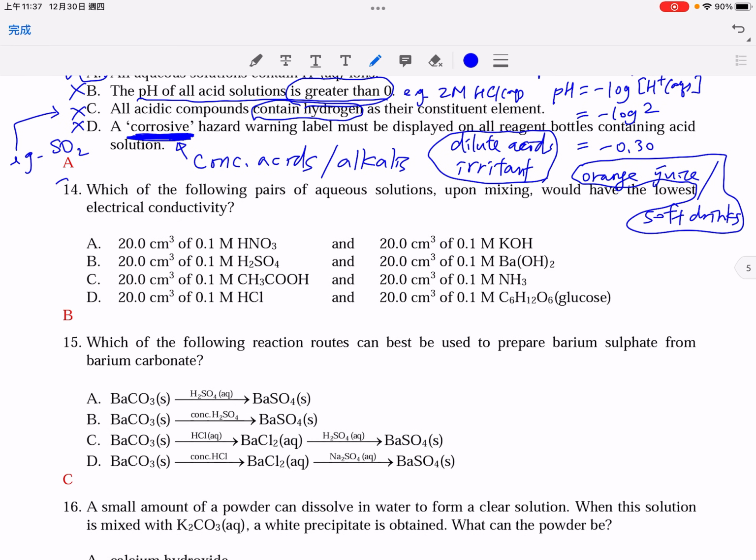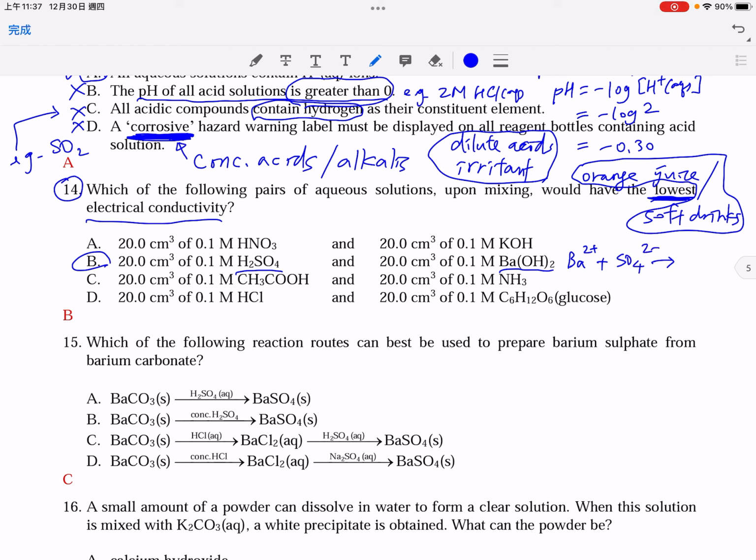Question number 14. Make sure you know that lowest electrical conductivity is of course talking about the situation in option B, because right here the sulfuric acid will form a precipitate with barium hydroxide.